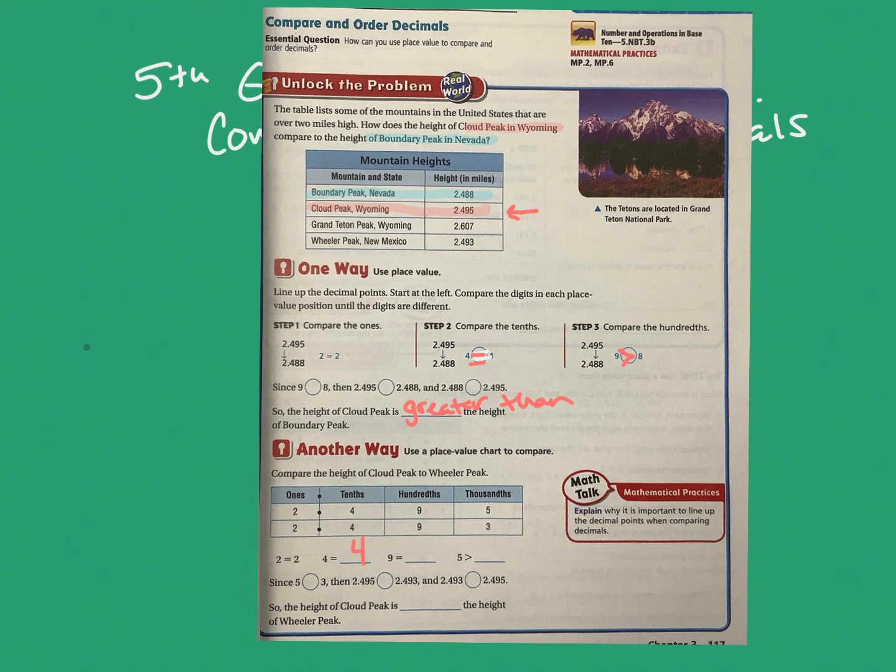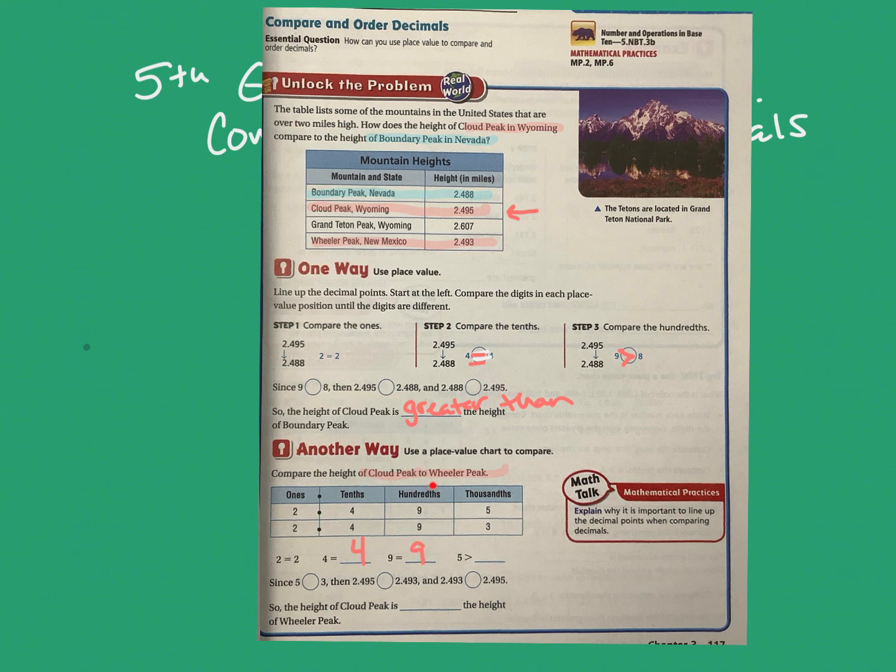By the way, we're comparing now, I just noticed there's a difference in these numbers. Cloud Peak and Wheeler Park. That's where they got these 2 and 495 thousandths and 2 and 493 thousandths. So we compared the ones place, we compared the tenths place, we're comparing the hundredths place. 9 hundredths is equal to 9 hundredths. So move on.